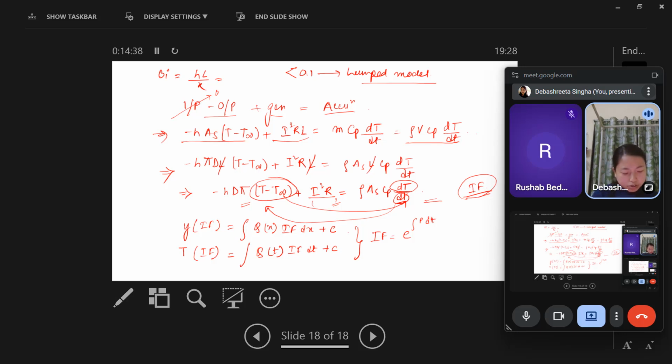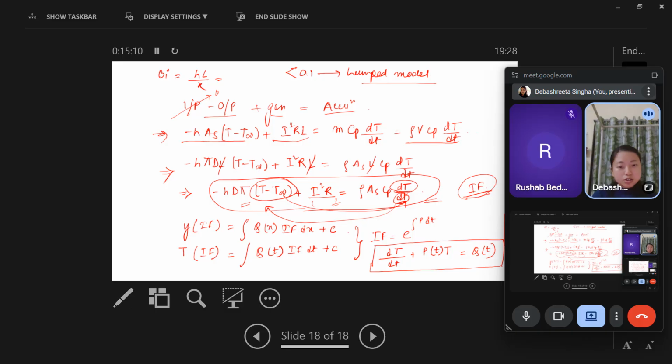So which part is p actually? You have to arrange this equation in such a form that it comes in the form dT by dt plus p(t) T is equal to q(t). So you have to arrange this equation in such a form, and then you can continue the integration. You must have done all these things, right? Already in class 12 maybe, or in first year.